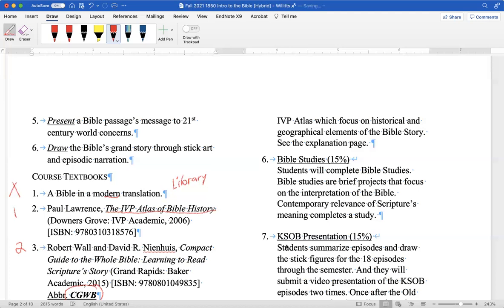Number 6, Bible studies. You'll complete 5 Bible studies, which are essentially brief projects, brief writing assignments, where you present an interpretation of a Bible passage.